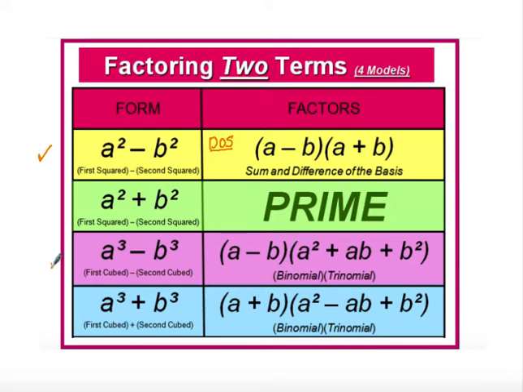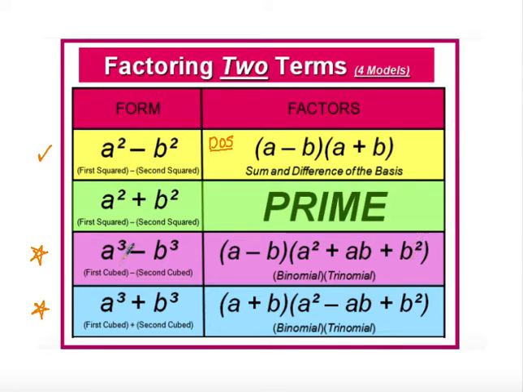Now, if they are the difference and sum of cubes, this is new to this lesson. These are 2 factors that we've not talked about yet this year. So the difference of cubes always factors into the cube root of each one of these numbers, a minus b. Once you find the cube root, then it becomes the first number squared, the first number times the last, and the second number squared.